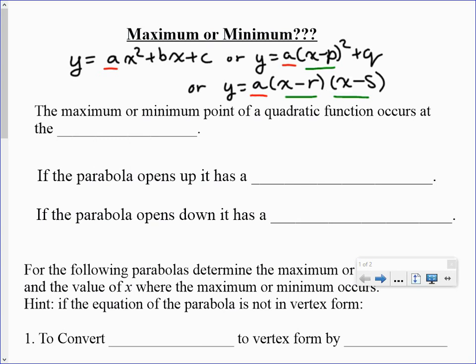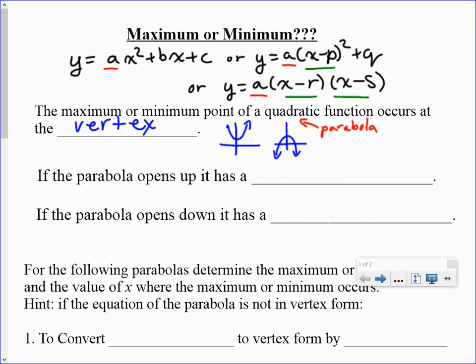Now, the maximum or minimum point of a quadratic function, also known as a parabola, you can write that in if you want. I like to write that in so that you remember it occurs at the vertex. And you know that the vertex of any parabola looks like this. Either it does this, or the parabola opens down.